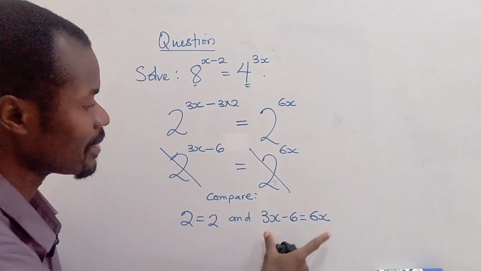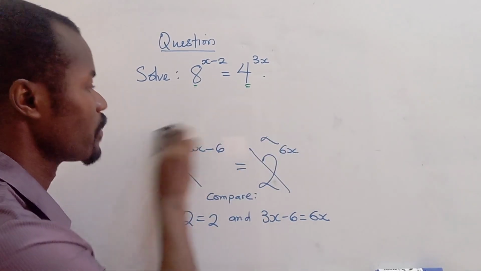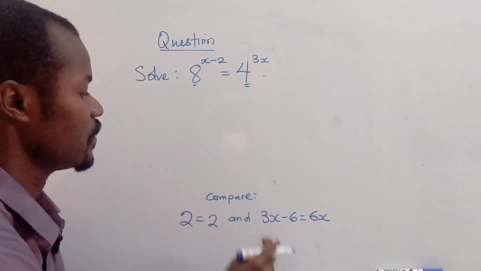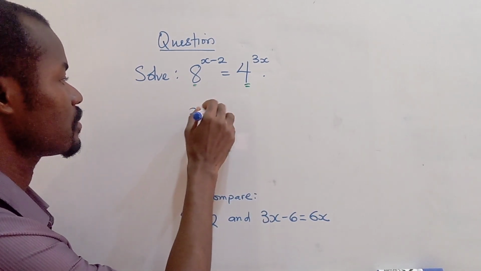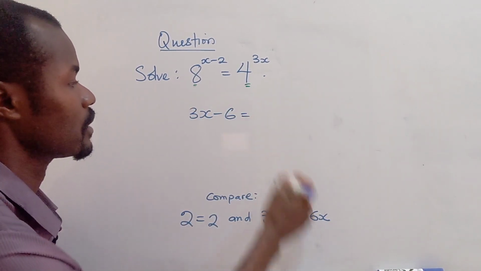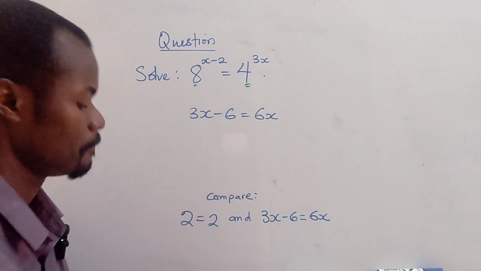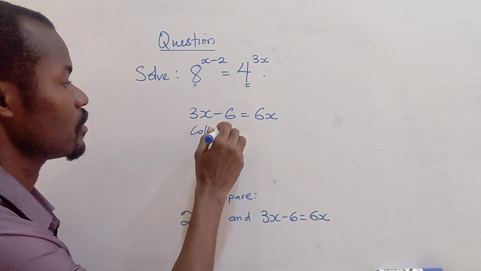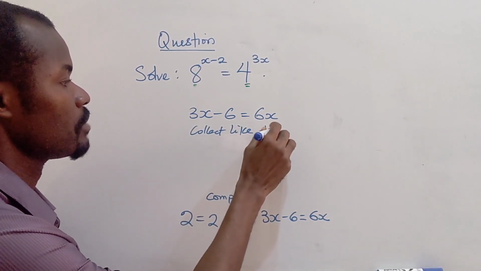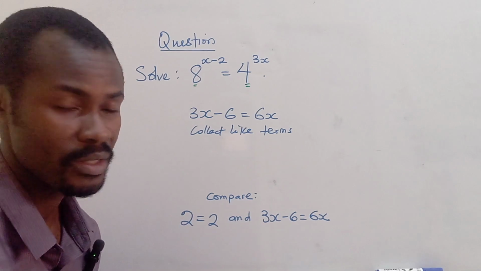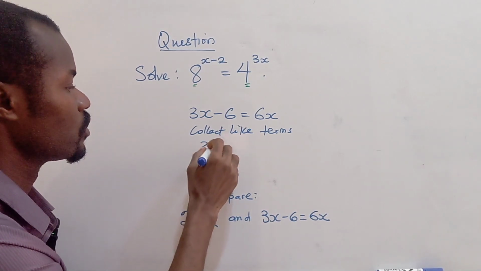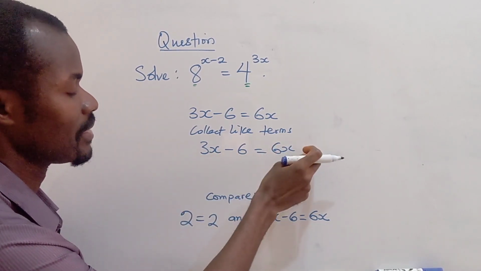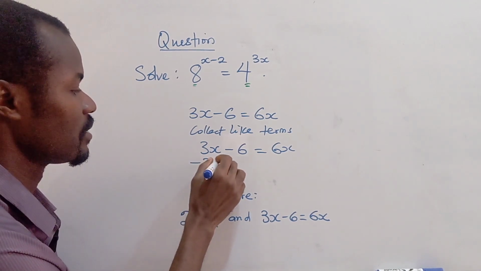Now let's solve this to get the value of x. We have 3x minus 6 is equal to 6x. Now we have to collect like terms, meaning we keep all the x on one side. So I'm going to subtract 3x here.